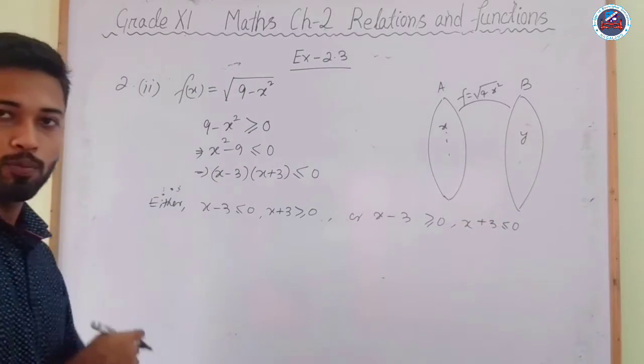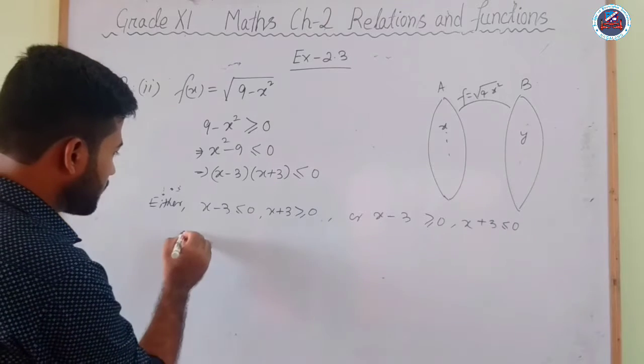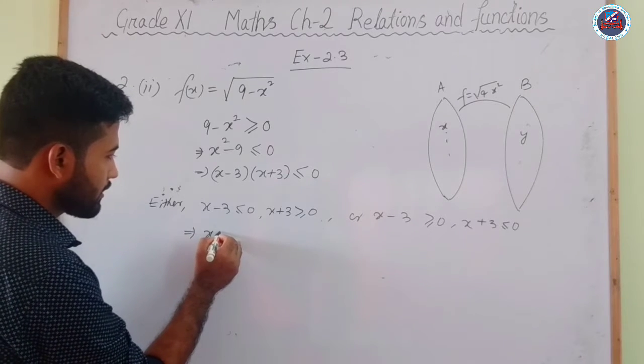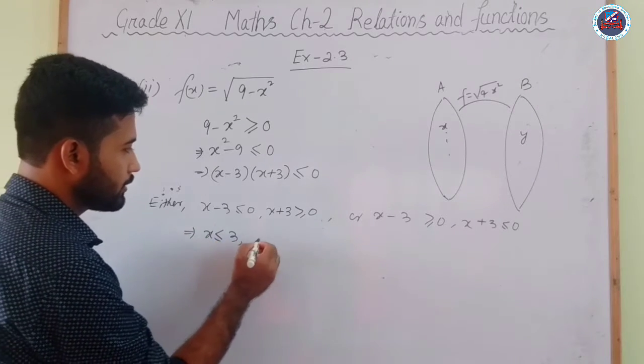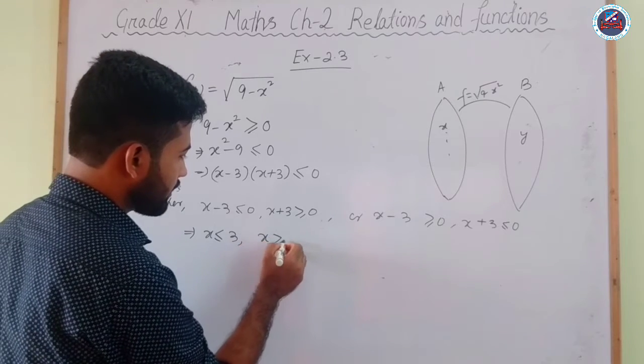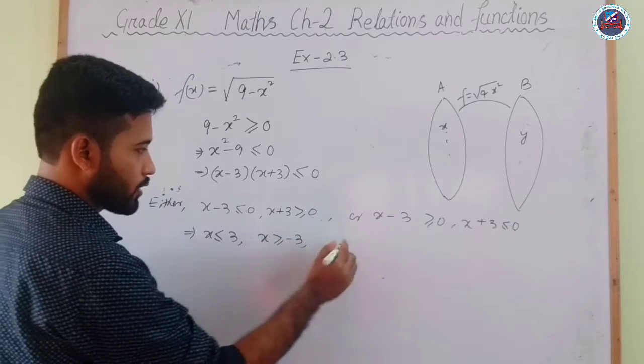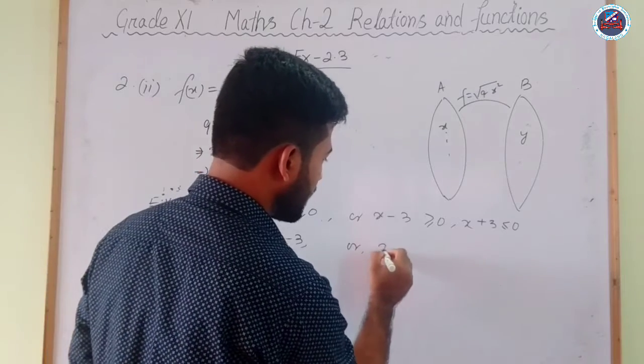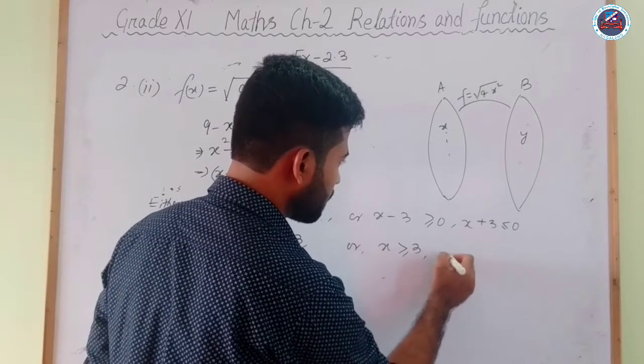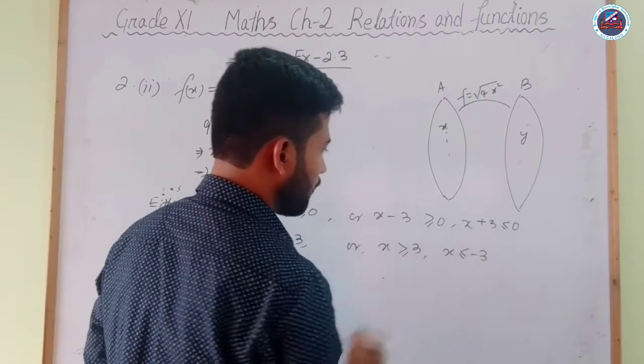So these are the two possibilities that we have. Now from here what can we write? x is less than or equal to 3 and x is greater than or equal to minus 3 for this interval, or what can we have? x is greater than or equal to 3 and x is less than or equal to minus 3.